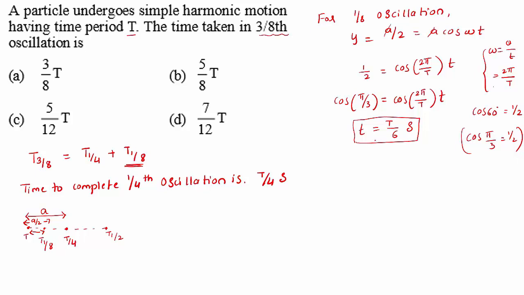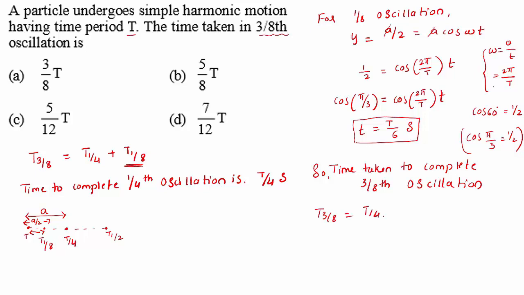So now the time taken to complete 3/8 oscillation. How did we write the equation? t(3/8) equals t of 1/4 plus t of 1/8. Substitute the values. So t of 1/4 means T by 4, plus t of 1/8, which we got as T divided by 6.